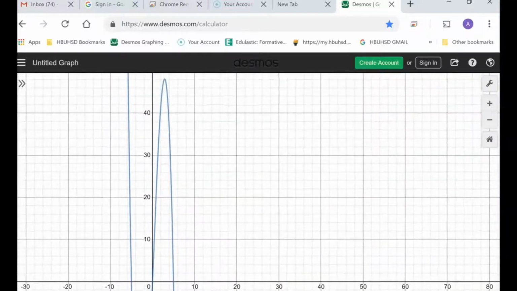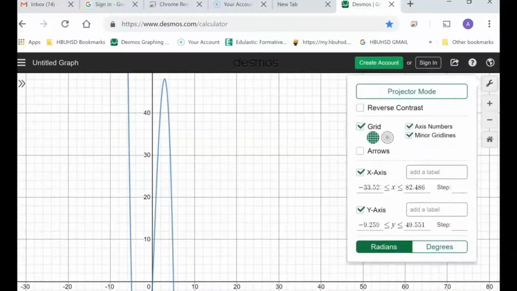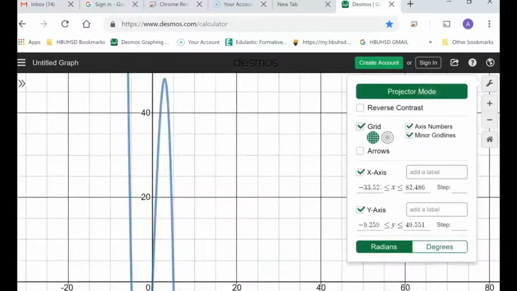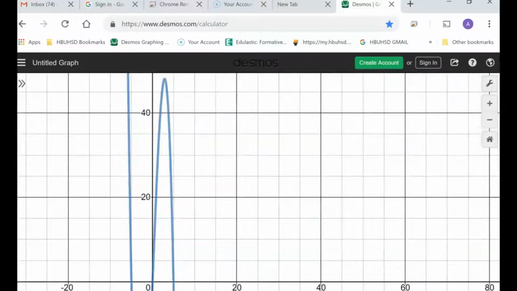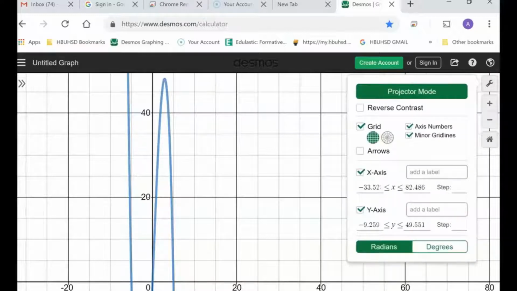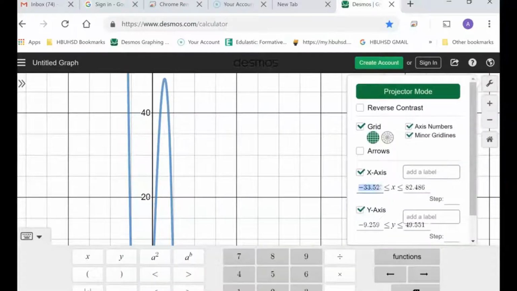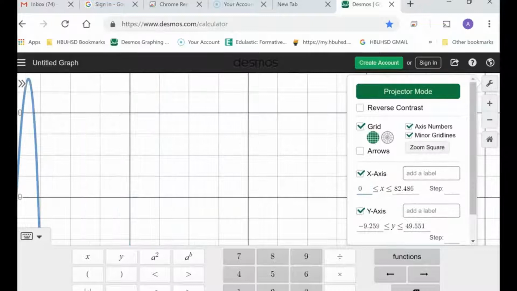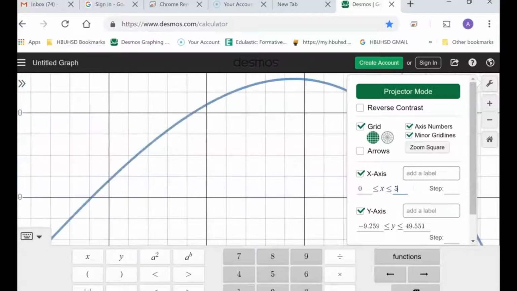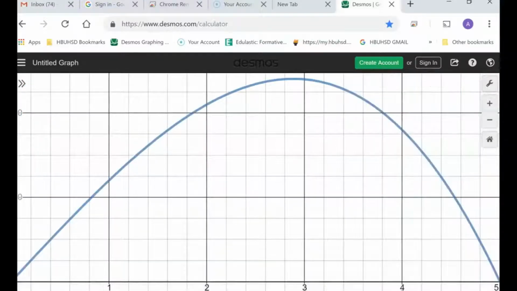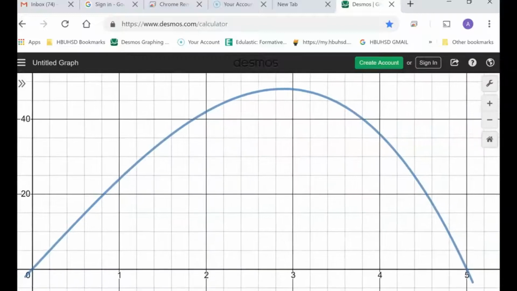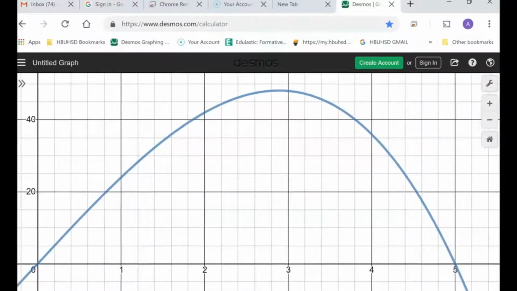In addition to zooming that in, let me make this darker for you, okay? Projector mode, there you go. And I want to make sure the scaling, we don't want any negative here, so we'll start at 0. And we don't need that much, so let's do 5. Okay, perfect. So this is pretty much all I'm going to focus on, this area. Well, that's the graph.